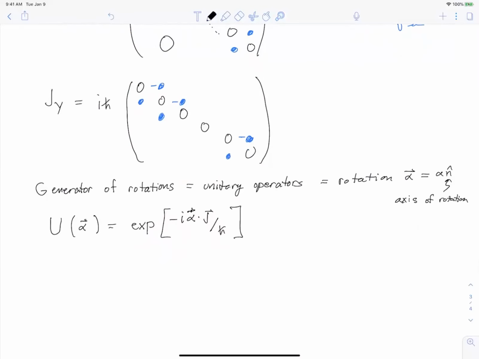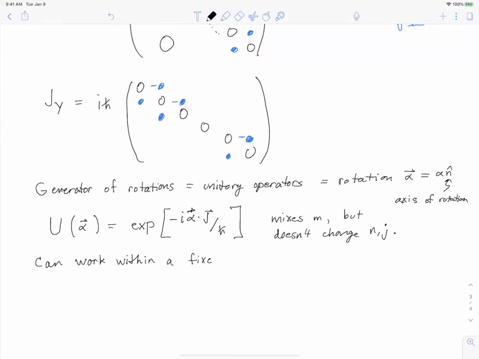So this operator mixes m's, but never changes the values of n or j. They just stay the same. So what that means is we can work with a fixed j subspace, especially if we're working in the matrix representation.